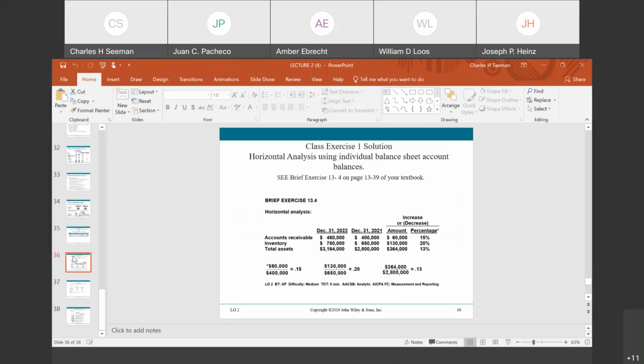So one more example from your textbook, brief exercise 13-4 on page 1339. This is the exercise. The top part is what you're given. The bottom part is what you need to calculate. It's simply base year.